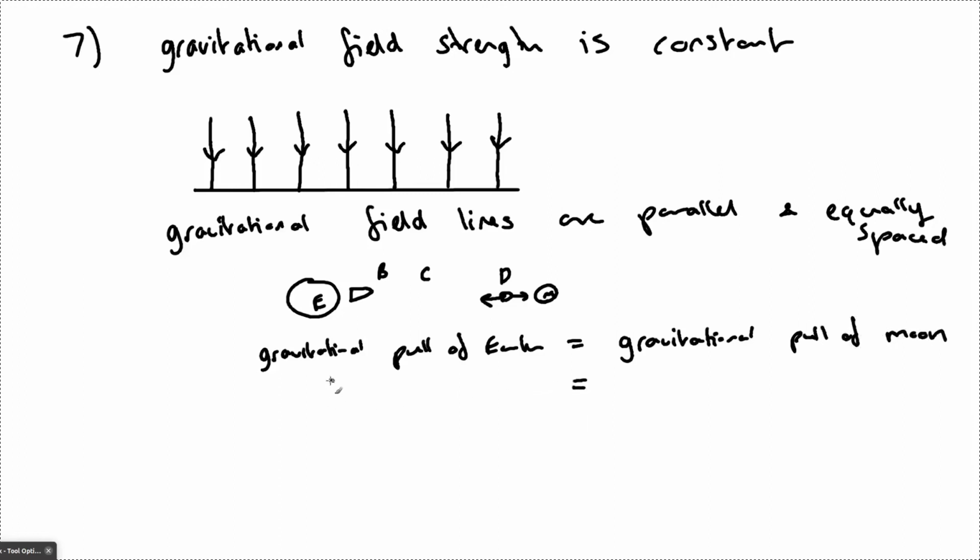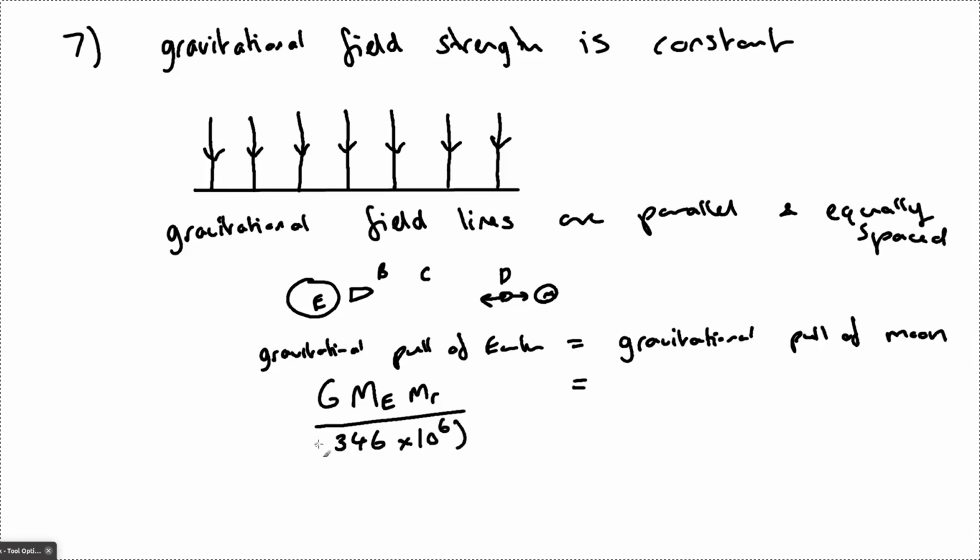So we can say here, we know from Newton's law of gravitation, gravitational force is G times big M, which would be the mass of the Earth, multiplied by the mass of the rocket, I call that mr, divided by, now we're told the distance from the centre of the Earth to point D is 346 times 10 to the 3 kilometres, so 346 times 10 to the 6 metres.